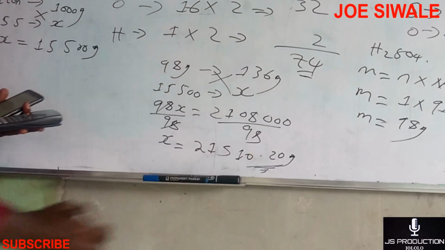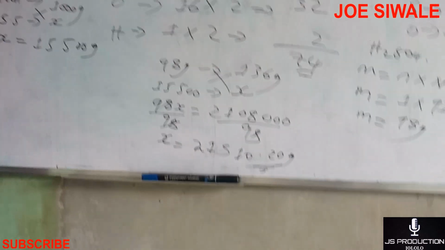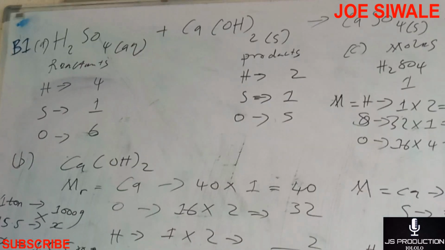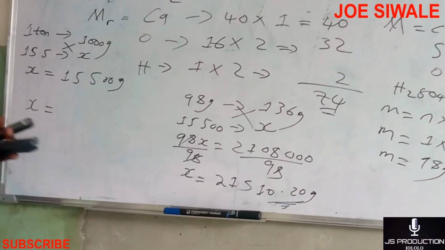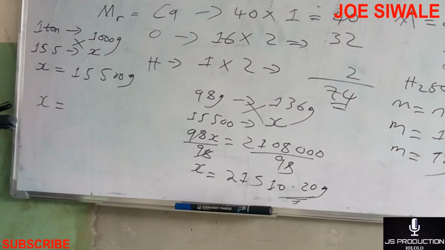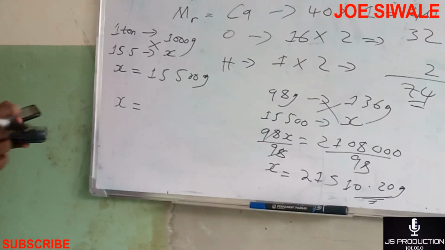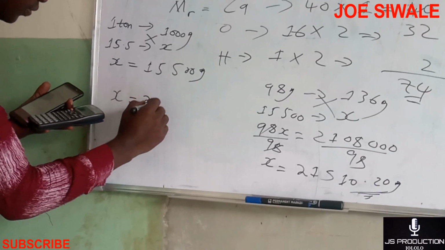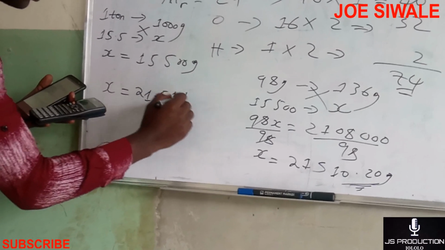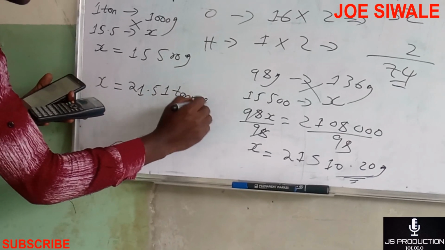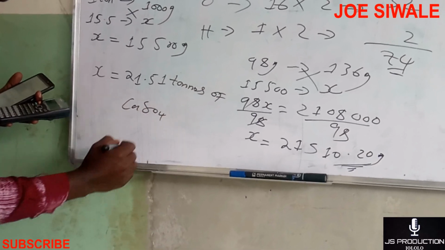So this is the mass, but you can also calculate the mass of calcium sulfate in tons. So in tons, the mass will be equal to, so you just divide this number by 1000. So in tons, my answer will be 21.51 tons of calcium sulfate.